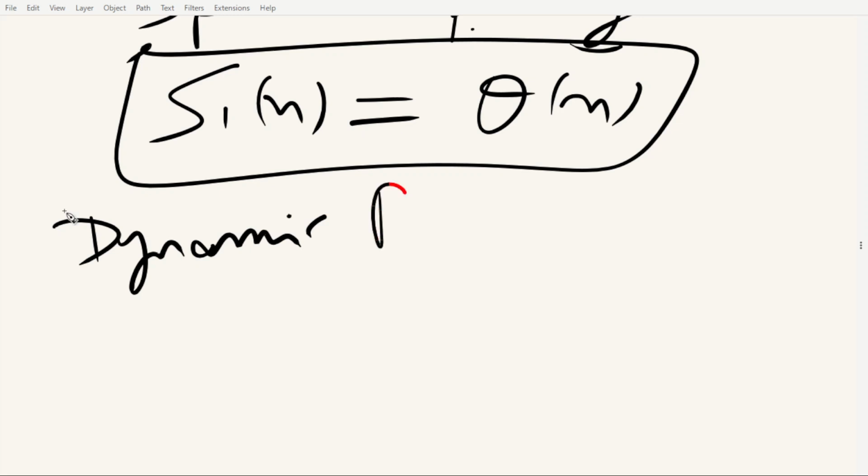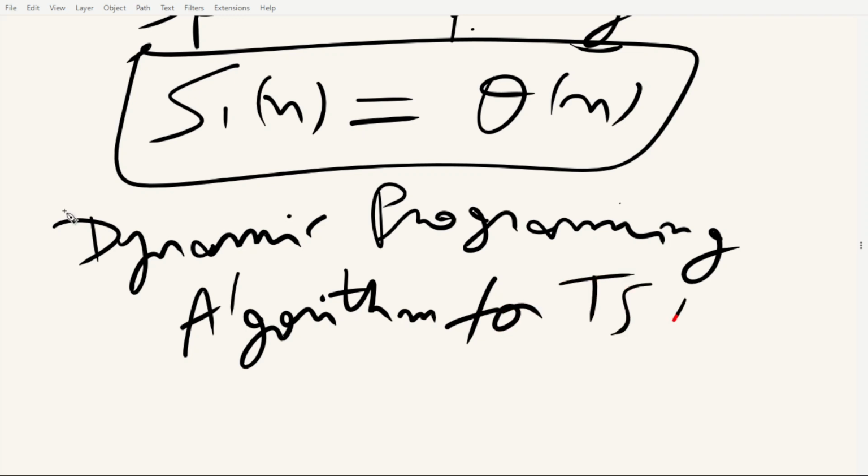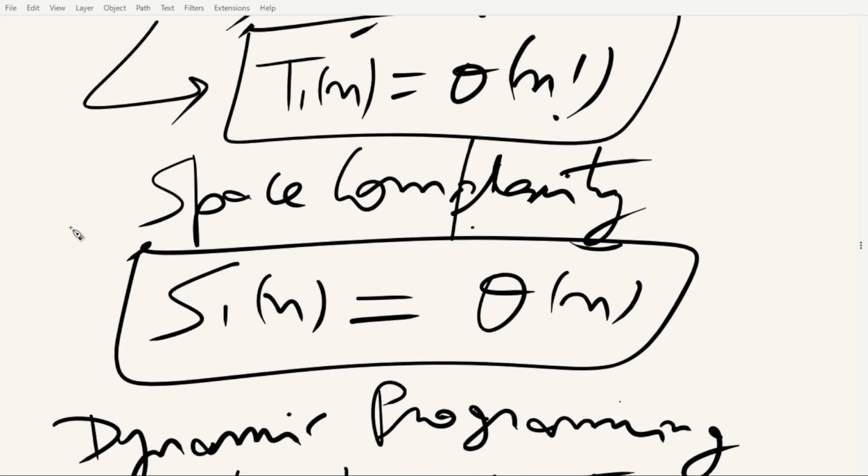Dynamic programming algorithm for TSP. So with the dynamic programming algorithm, what will happen? It will reduce the time complexity, but it will increase the space complexity, because we have to keep track of the subproblems.